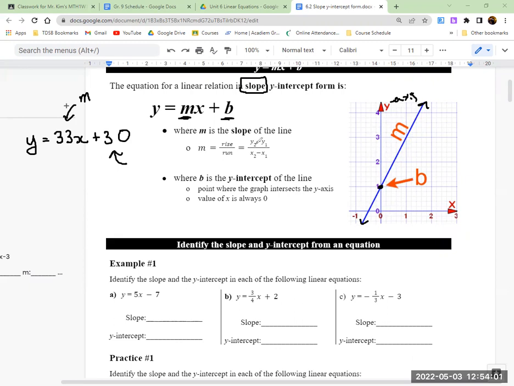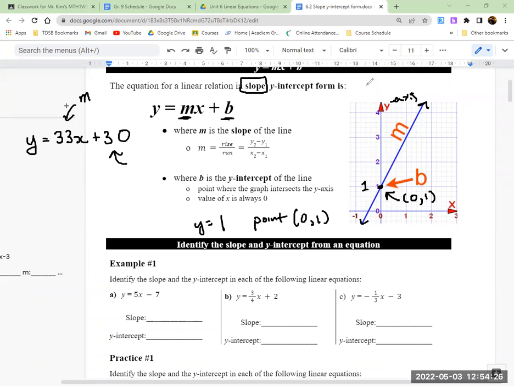In other words, if I say that the y-intercept here is a 1, it means the coordinate is x equals 0, y equals 1. They are one and the same. Y-intercept of 1 is the same as the point (0, 1).